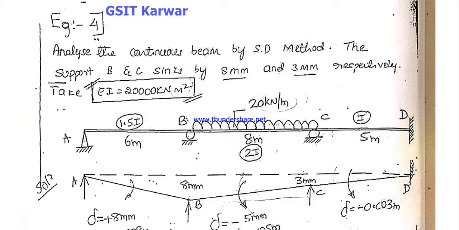And considering span CD, there is no applied load. Considering the joints, support A is fixed support, and support B is roller, C is roller, and D is fixed support. Sorry, support A is pinned support, and support D is fixed support.